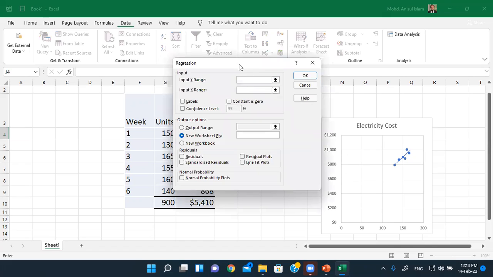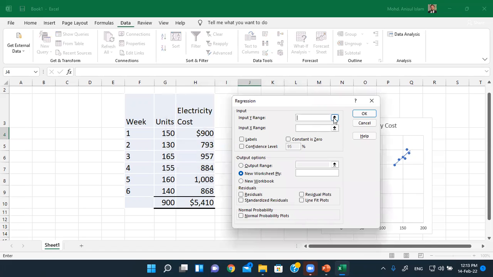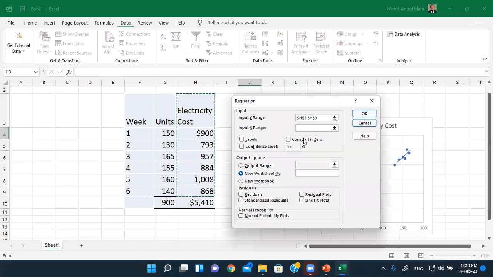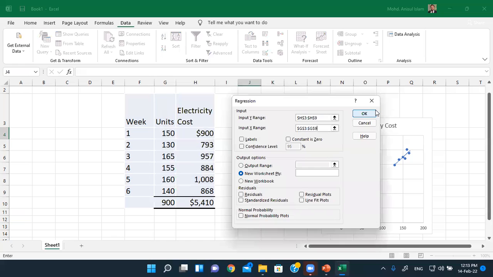Here I have clicked OK. And what should be our Y range? Our Y range should be the electricity cost. It is our Y. And our X will be the units here.